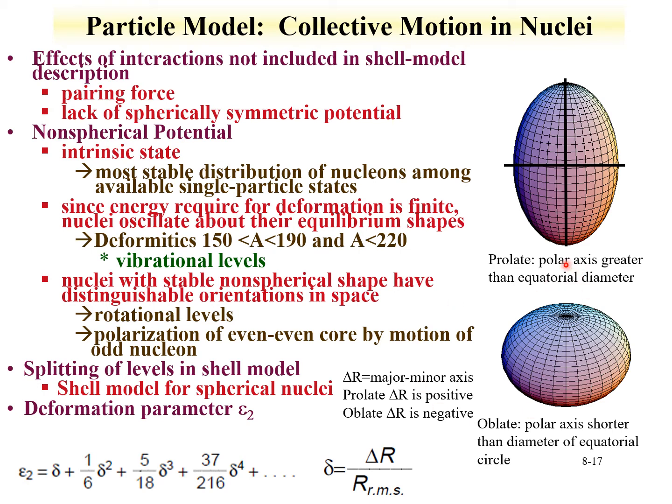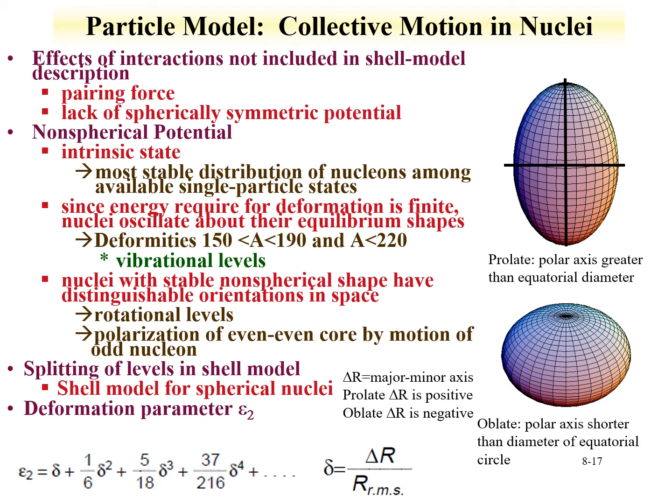In the prolate, the polar axis is greater than the equatorial diameter, and the oblate is opposite. Evaluation of these axes, the axes that are defined here: in the oblate, this X would be larger than the Z, whereas it's opposite for the prolate.